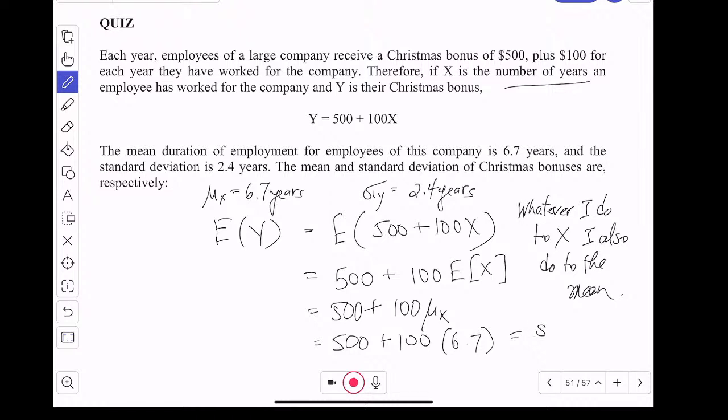Now this is in dollars. 1,170 is the new mean, or the mean of the bonus.